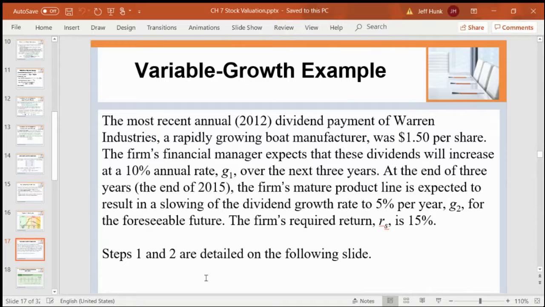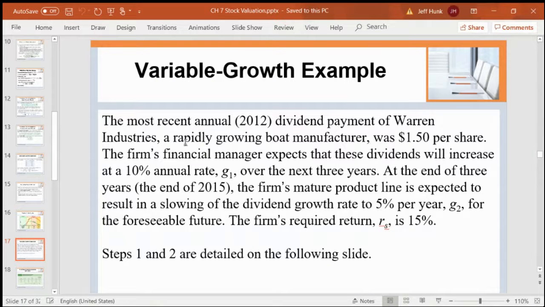If we received it, then we are already at some point in early 2013, but that's not really the critical thing. That's basically what we need to have as given. They paid $1.50, the most recent dividend, the dividend at time zero.